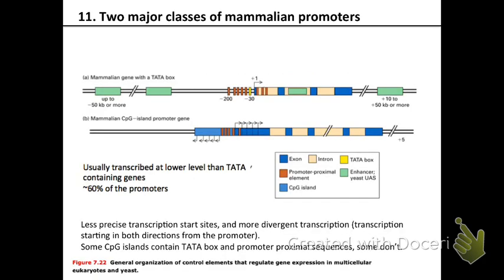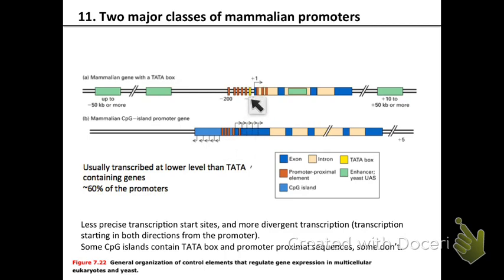In mammalians, the TATA-containing promoter structure is not the only structure that you can see. There's also another class of genes which contain CpG islands. Okay, so in these genes you see again exon and intron, etc. And then they have some promoter proximal elements.